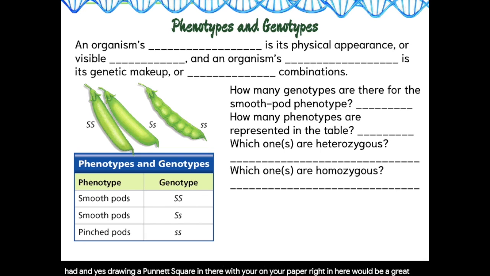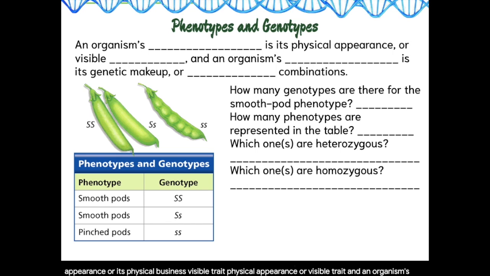Okay, so an organism's phenotype is its physical appearance or its visible trait. Physical appearance or visible trait. And an organism's genotype is its genetic makeup or allele combinations.